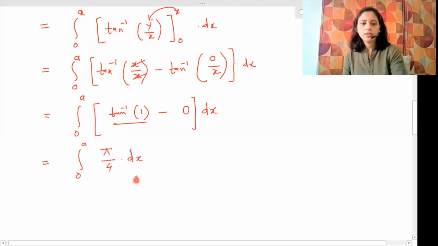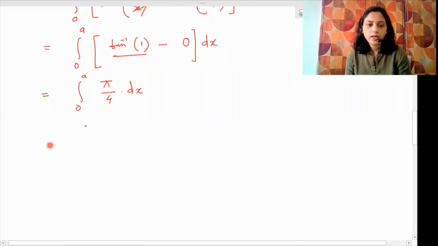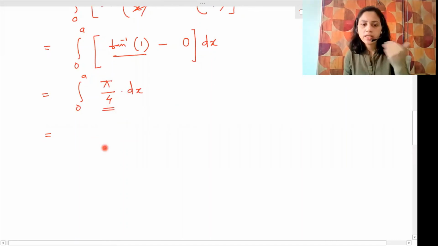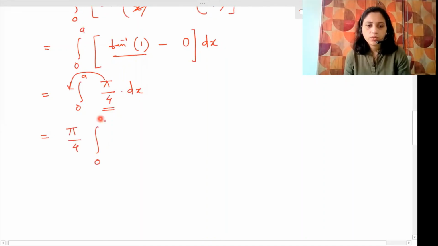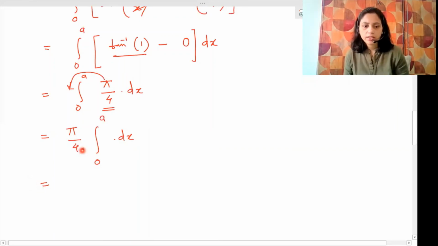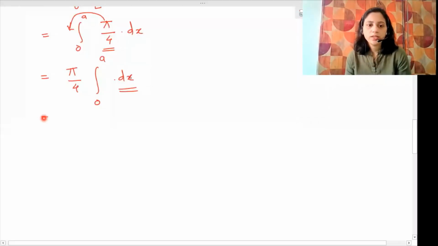Next, pi by 4 is a constant, so you can take that constant outside the integration sign, from 0 to a dx. Now we are going to integrate dx, pi by 4 as it is, integration dx is x, and limits are 0 to a.